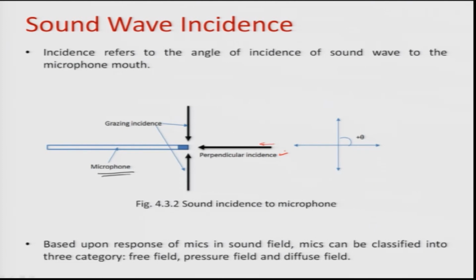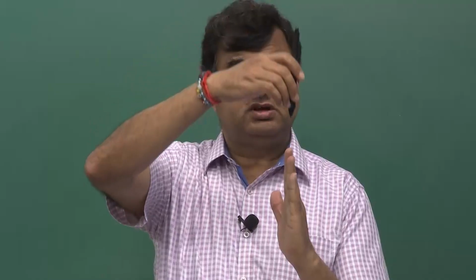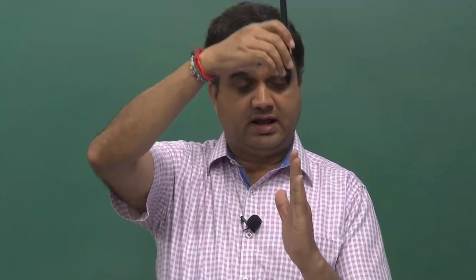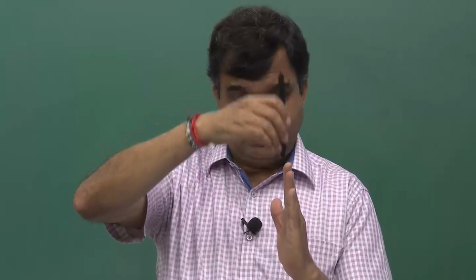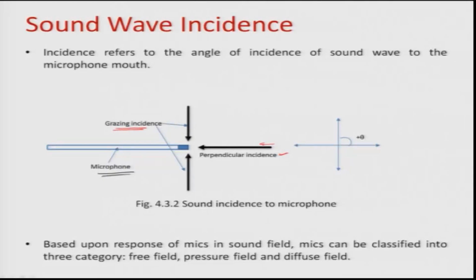Okay. In another case, this is our microphone and the sound is coming in a direction parallel to it. So, that is called grazing incidence. So, we have two incidences, perpendicular and grazing, and in reality sound could come from all directions.